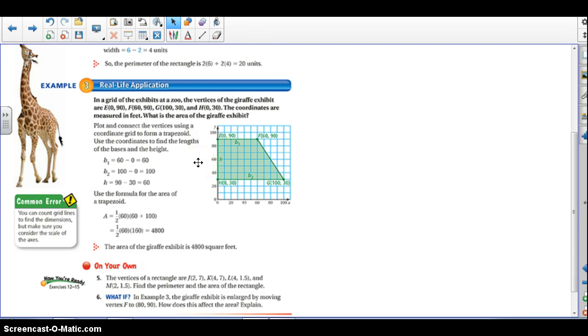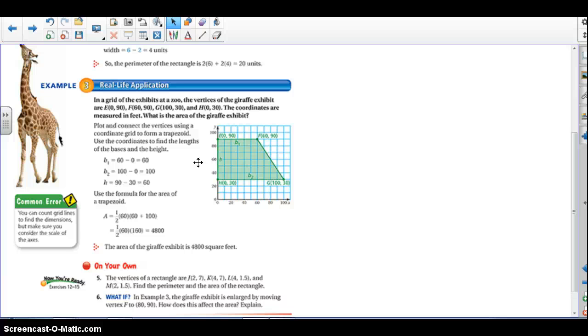Now you have to come up with the formula for a trapezoid. My preference would be that you write out the formula, which would be A equals 1/2 height, and then in parentheses, B1 plus B2.